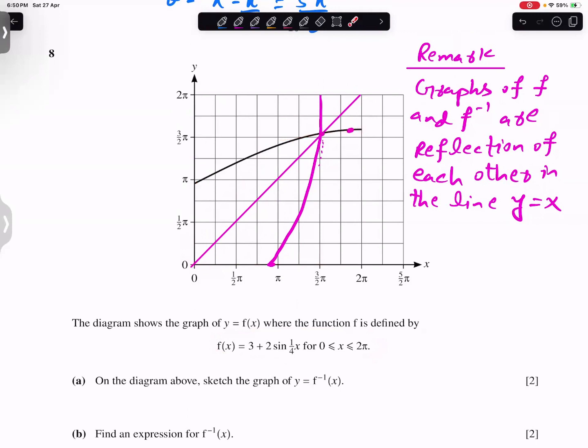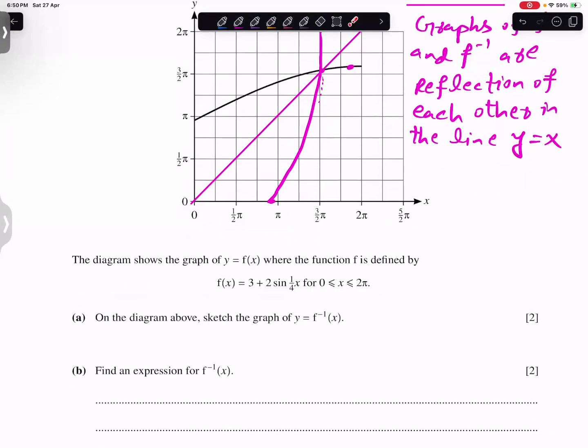So if you draw the graph of f inverse, this domain of f will become the range of f inverse. The range means the expansion of the f inverse graph in the y-axis direction will vary from 0 to 2 pi. This is the concept, but you can draw the graph simply as the reflection of f in the line y is equal to x. That's it for 2 marks.